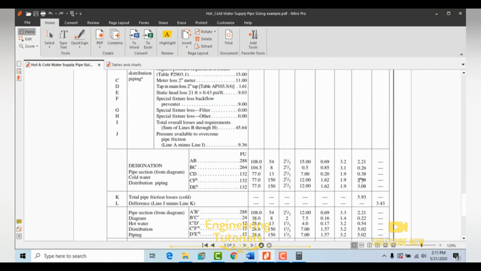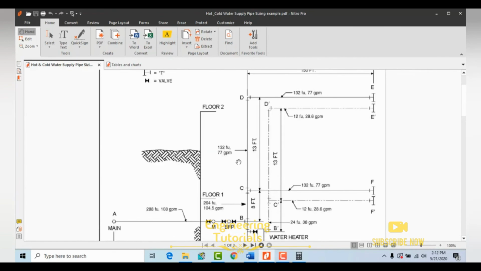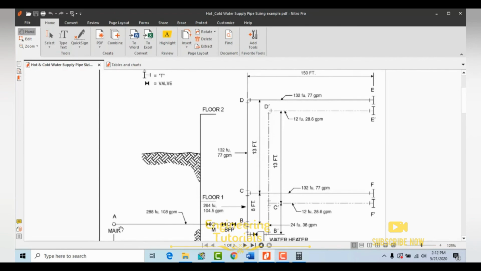So after that we have to add all these lengths. Since we know the length to the most remote outlet, what are coming in the most remote outlet? A to B, B to C, C to D and D to E. This is not a part of the most remote, C to F. So A to B, B to C, C to D and D to E, we have to add all these lengths.